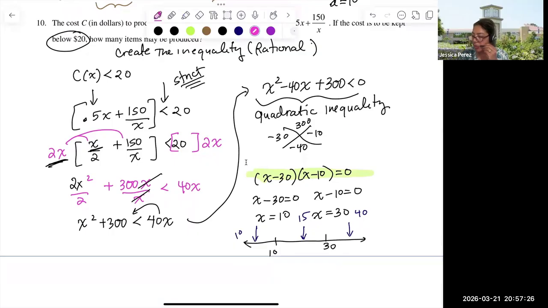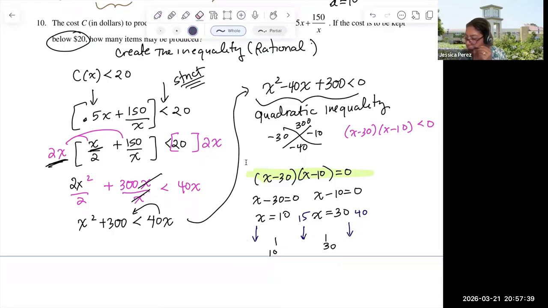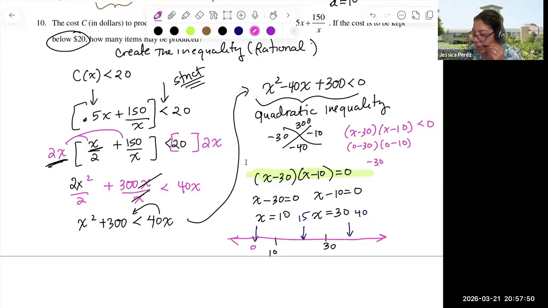I'm going to do my test points in x minus 30, x minus 10, less than 0. When I plug in 0 as my test point, 0 minus 30, 0 minus 10, negative 30 times negative 10. Is that less than 0? No, so I will not shade this region.